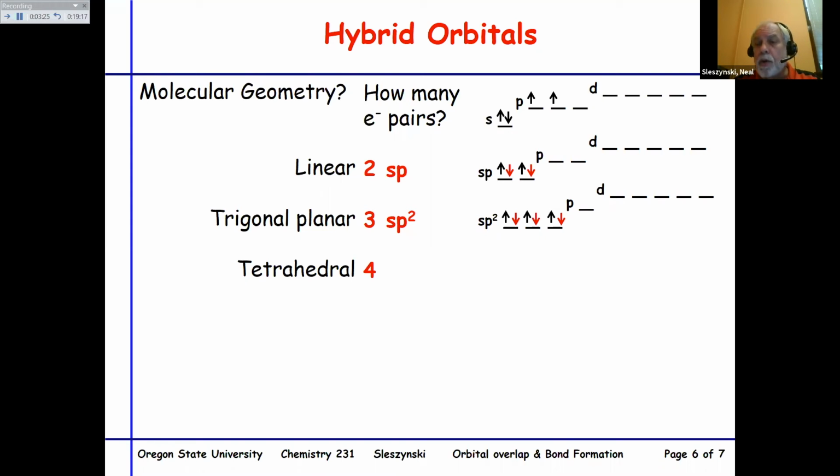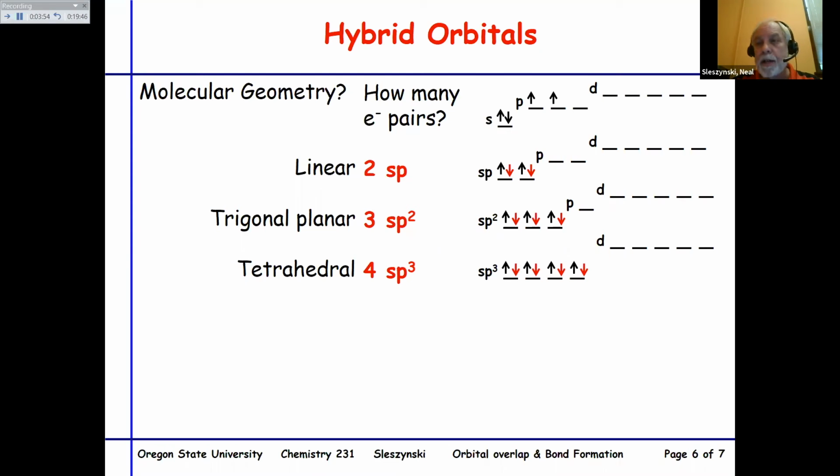What I need to do is split those four electrons up into equivalent orbitals, both from a geometric and an energy point of view, so that I can distribute those four electrons into those newly created orbitals, and then pair those up with four other elements that are sharing a single electron piece.